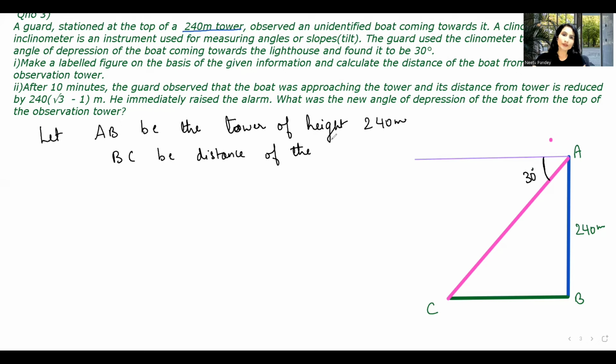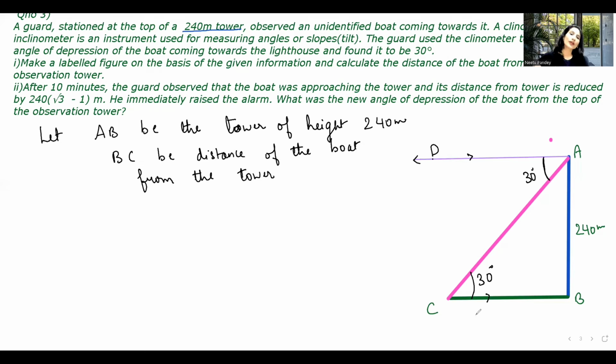Now let this be D. Now AD and BC are parallel. They're horizontal lines. So we know that the angle of depression is equal to the angle of elevation. So if this is 30 degrees, this will also be 30 degrees, right? So you can find it here.